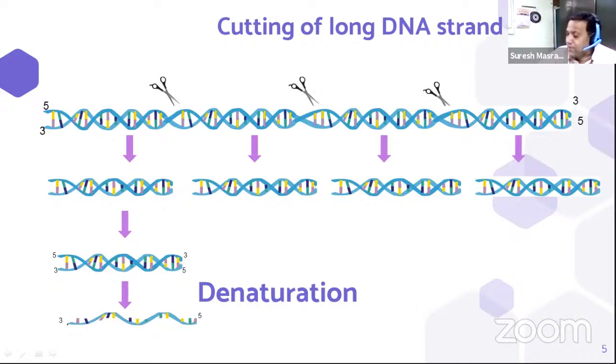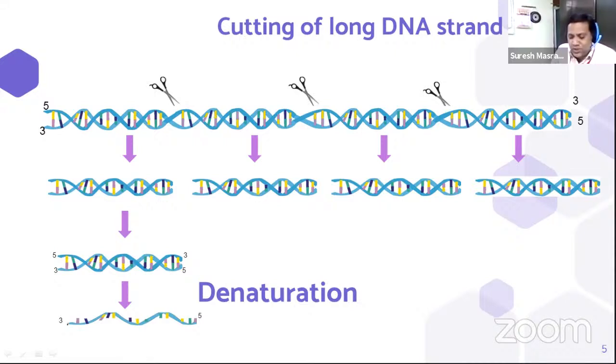For example, if this DNA fragment is 100 base pair long, nowadays 100 base pair long DNA could be sequenced, but suppose we are at the stage of 78 or 80, where it is not possible to sequence the long strand of DNA, and the desired DNA molecule is 100 base pair long, then we have to cut it into 10 pieces of 10 base pair long.